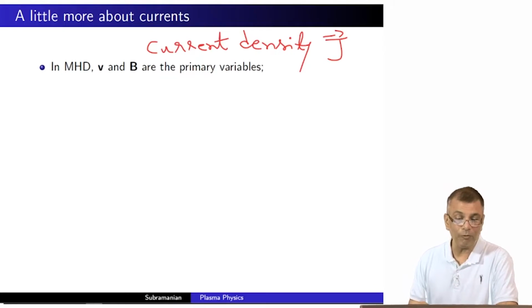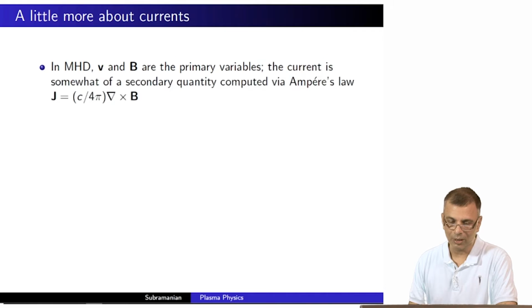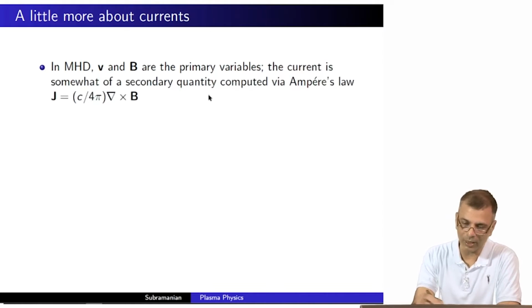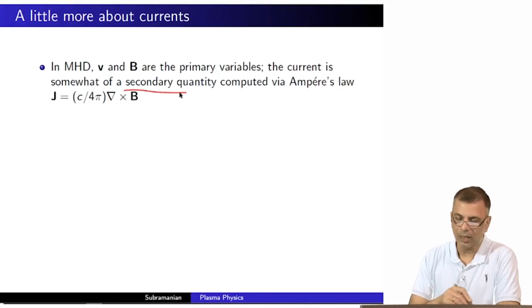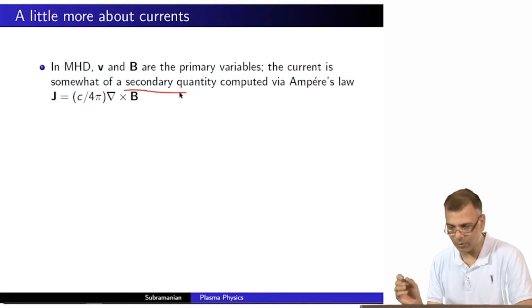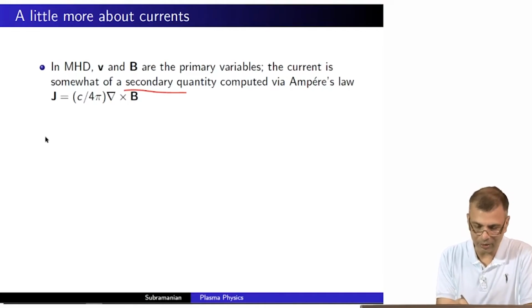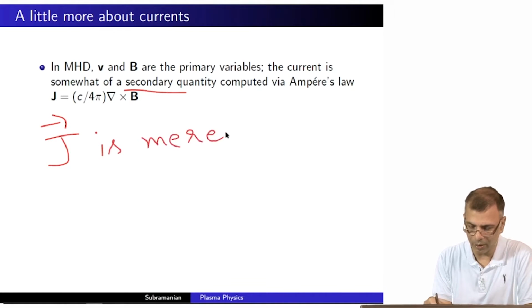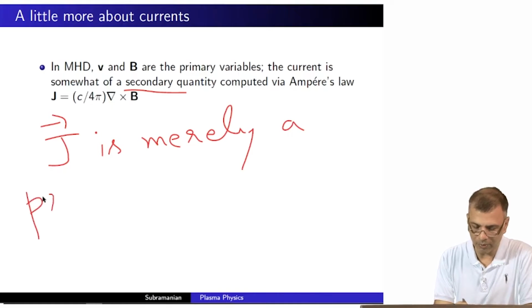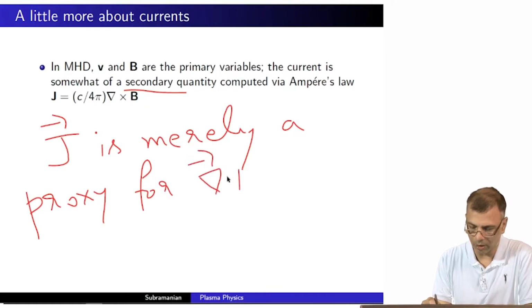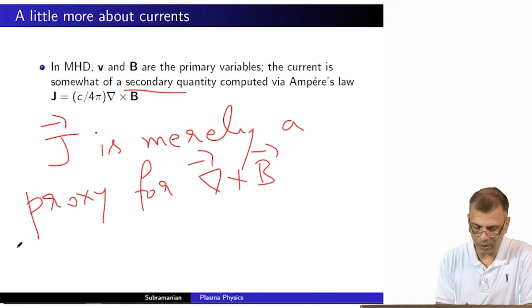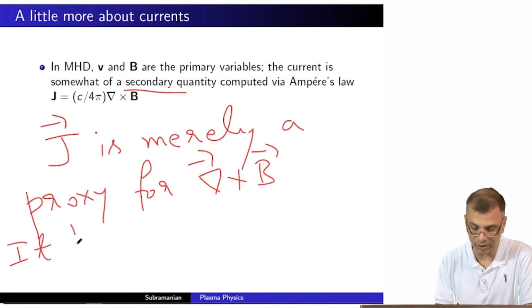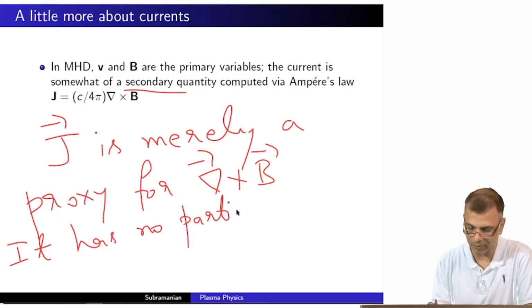Okay. In MHD, V and B are the primary variables. Okay. The current is somewhat of a secondary quantity, computed via Ampere's law. So, in other words, I would go so far as to say that J is merely a proxy for curl B. I would even go so far as to say that it has no particular physical significance.